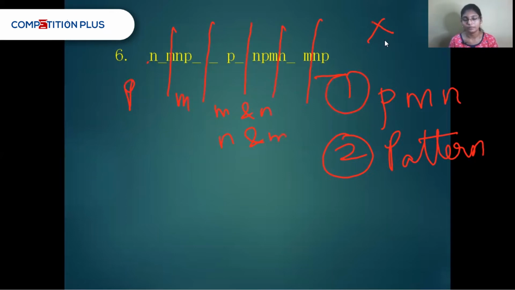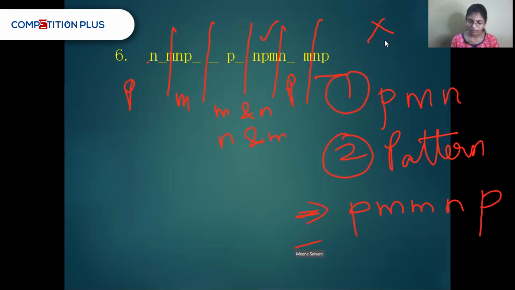Next set, all the three letters are there, and in the next set we have P missing. So your answer can be like the first option, P M M N P, or P M N M P. These are the two possible ways.